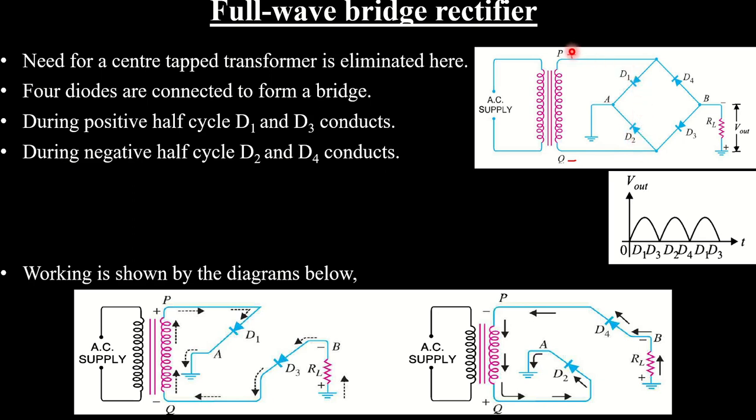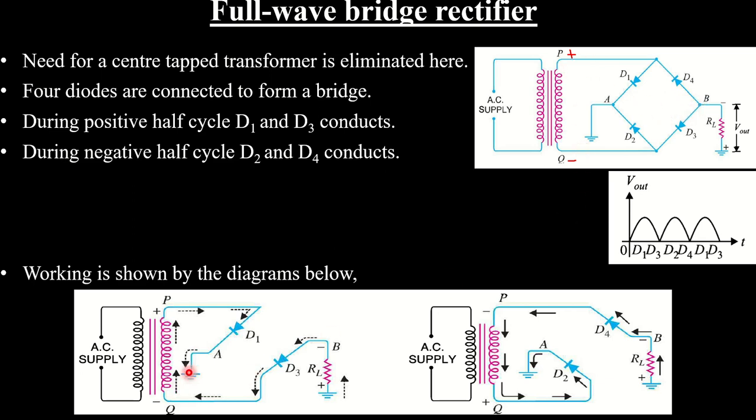So during the positive half cycle, diode D1 and diode D3 are forward biased and diodes D4 and D2 are reverse biased. So D1 and D3 conduct during the positive half cycle. That means there is a current flow through the load from A to B.